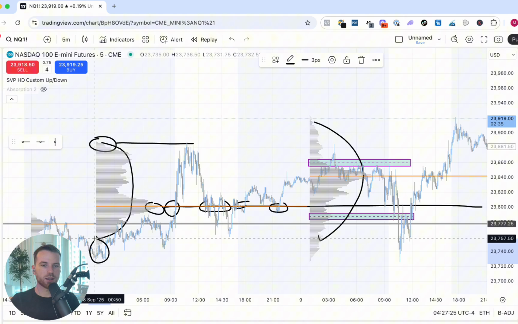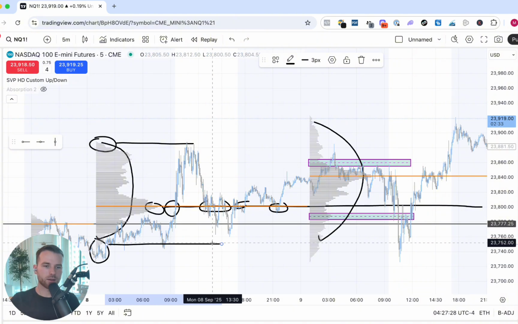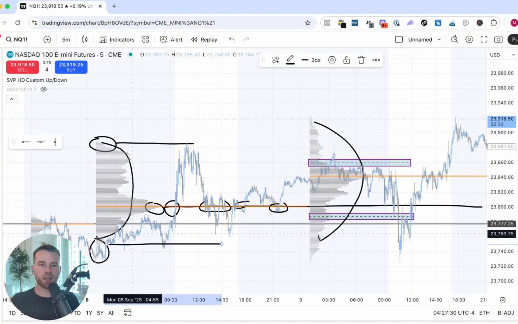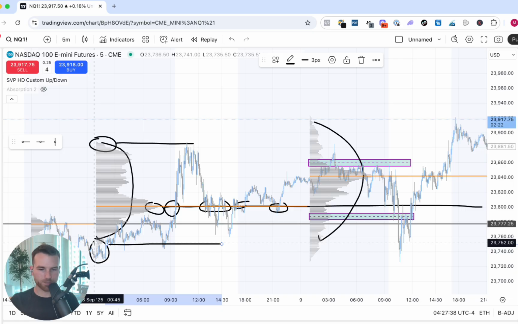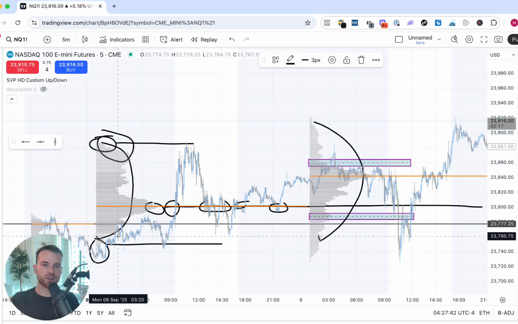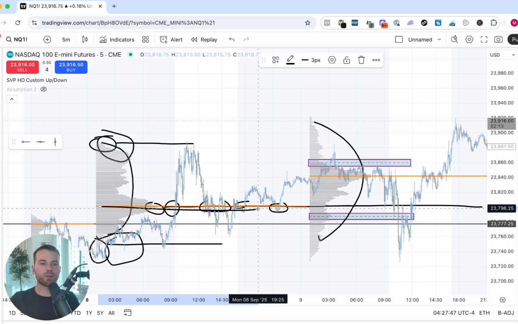Same here. Now, what does it mean? Basically, high volume nodes mean price acceptance, and low volume nodes, so up here and down here, mean price rejection. Or in other words, this up here is expensive and this down here is cheap. And this in the middle is considered fair.